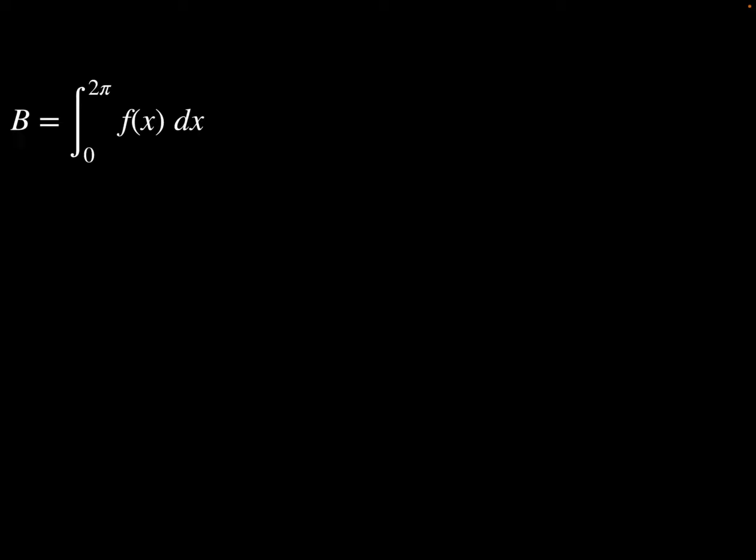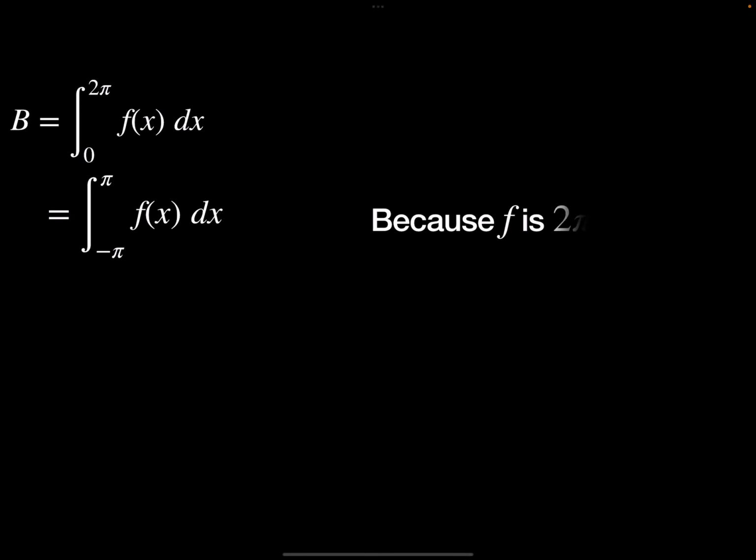Therefore, we can integrate it on any interval with length 2 pi. For instance, we can integrate it on the interval from negative pi to pi. And the reason is because the function is 2 pi periodic. Now, we have an odd function, and our interval is symmetric about 0, the origin. Therefore, the integral is 0. So B is also 0.